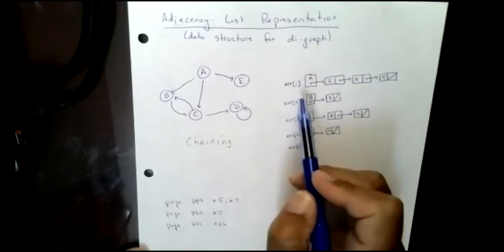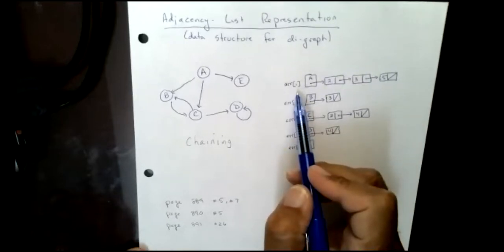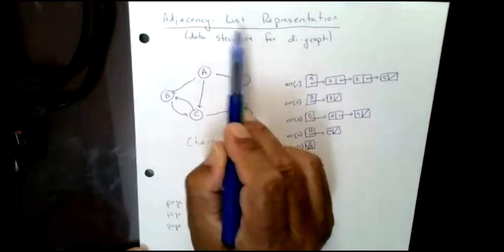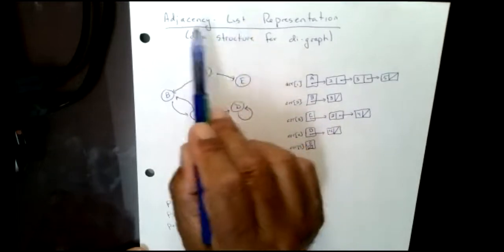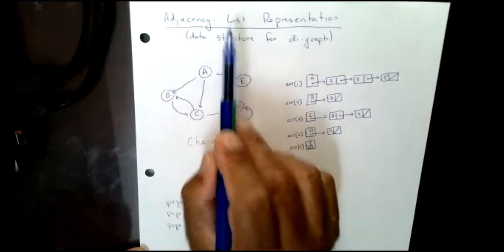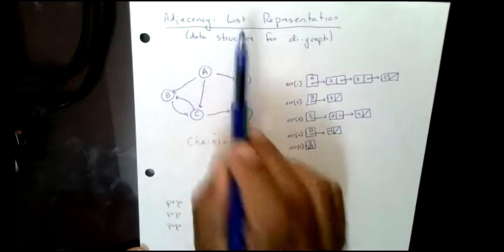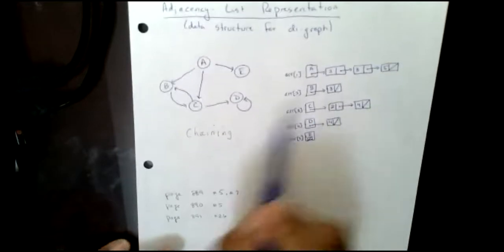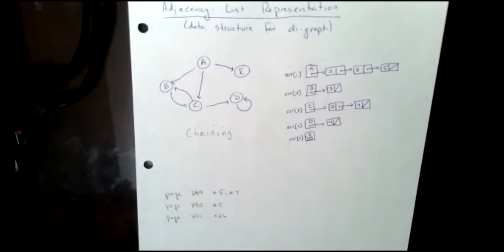And the first one, I could call it array sub 1. I could call it array sub 0 if I want, but I can do the adjacency list, linked list, get it? Adjacency, the last one was matrix, because we use matrices, adjacency list, because we're using linked list representation. But in order to use linked lists, I'm going to bring in the idea of chaining.